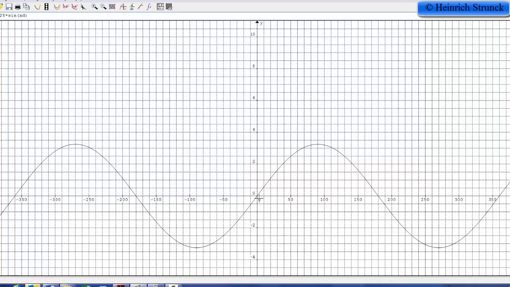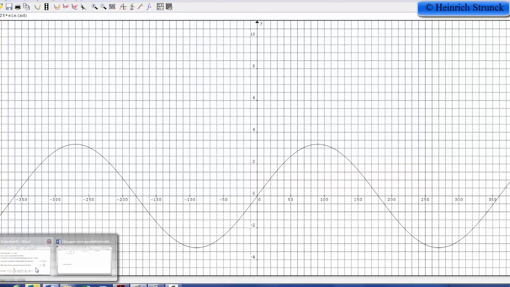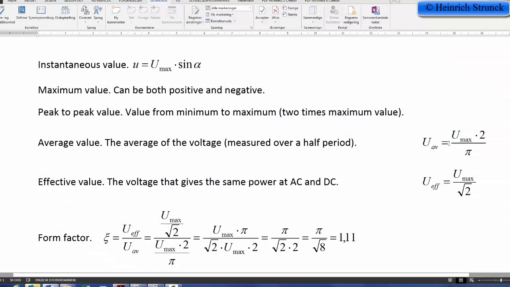So we just look at here from 0 degree to 180 degree, and then get the average value for this voltage. And the average voltage is the maximum voltage multiplied by 2 divided by pi, and we'll try to find out if this formula is correct.